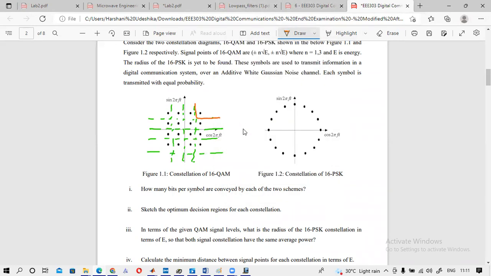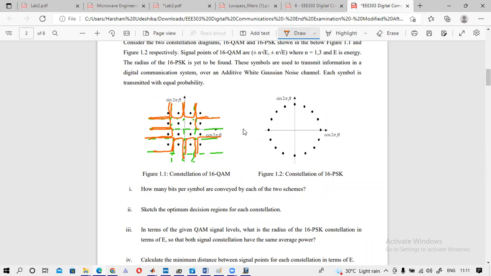For this symbol, this will be the decision region. For this symbol, this will be the decision region. For this one, and for this one, this will be the decision region. Likewise, you can define the decision region for each and every constellation point.